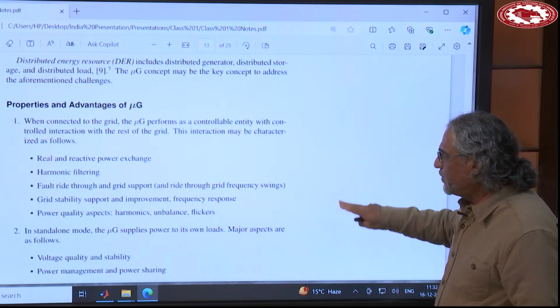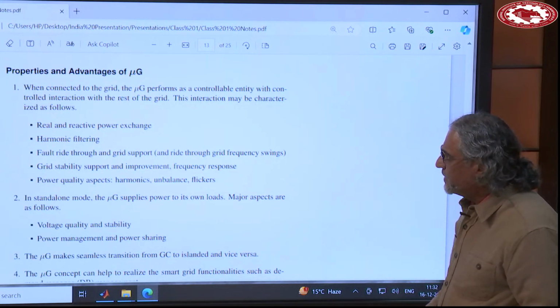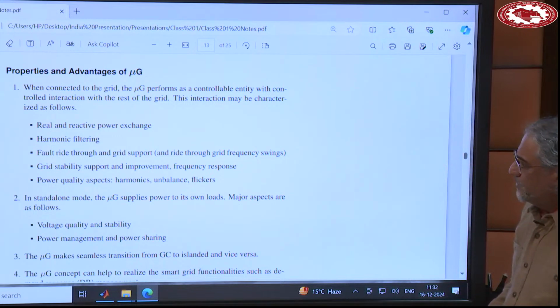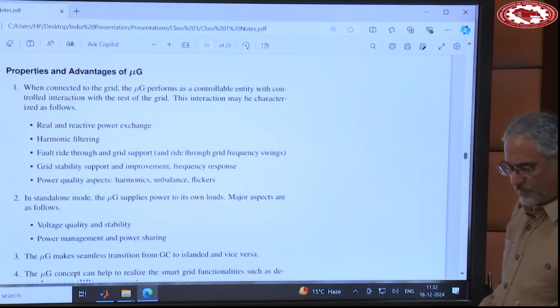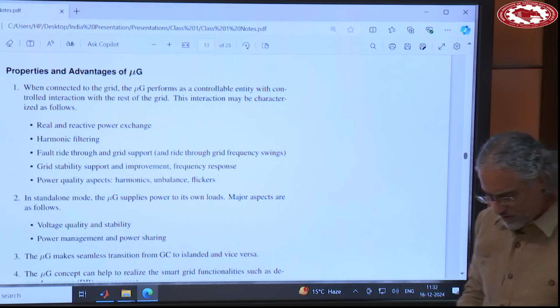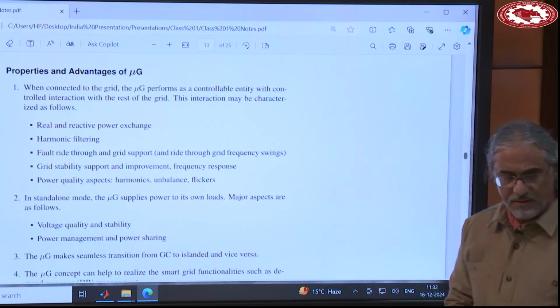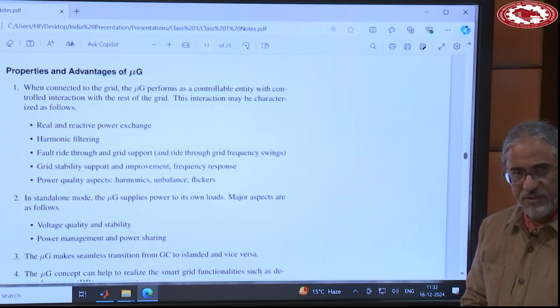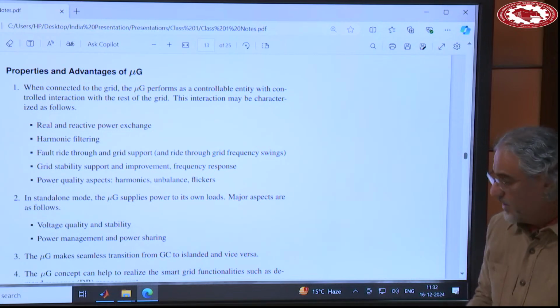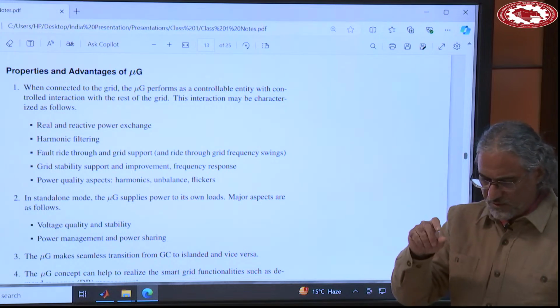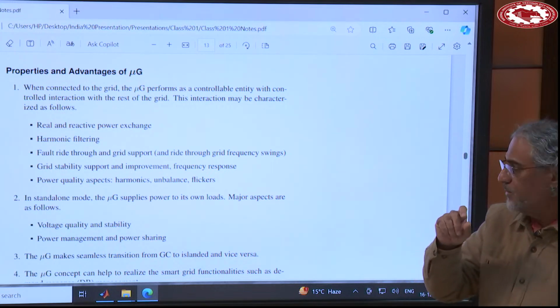So what will be the properties of such a concept? If you have a microgrid, then when it is connected to the power grid, it's a larger entity compared to one single distributed energy resource. But it interacts with the grid at one single point.